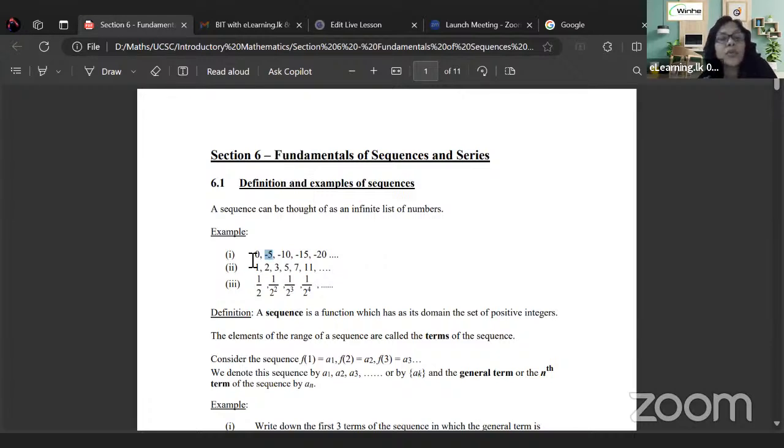The 0 is the first term, -5 is the second term, -10 is the third term, -15 is the fourth term, and -20 is the fifth term.